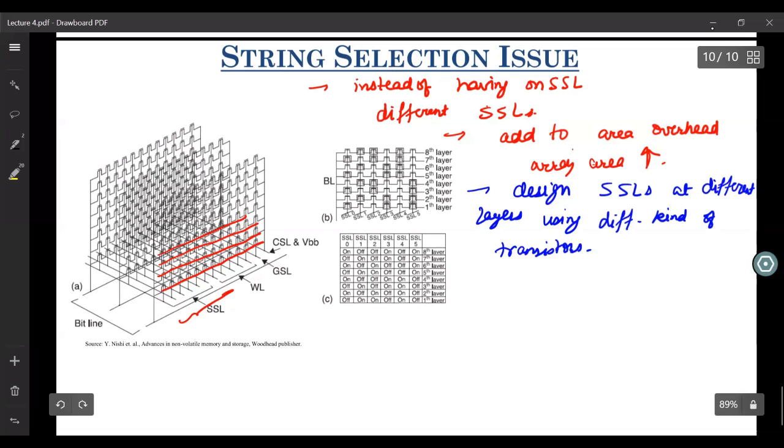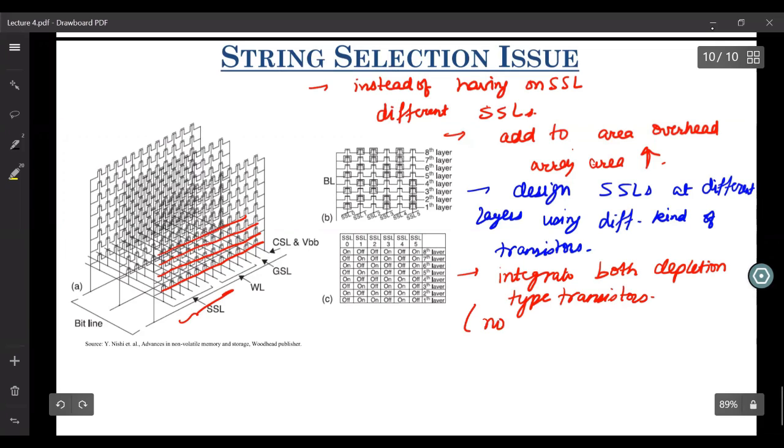How so? They integrate both depletion type transistors. What are those depletion type transistors? Usually they are on.